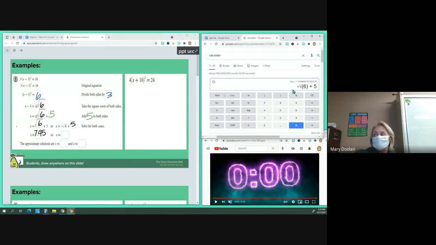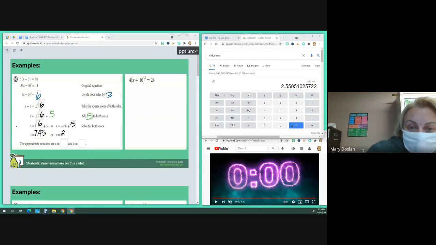So this is what we need to type in. And that's going to give us our answer. Negative square root of 6, close the parentheses, and then add 5. This turns out to be about 2 and 55 hundredths. So the approximate solutions are x is approximately 7 and 45 hundredths, and x is approximately 2 and 55 hundredths.